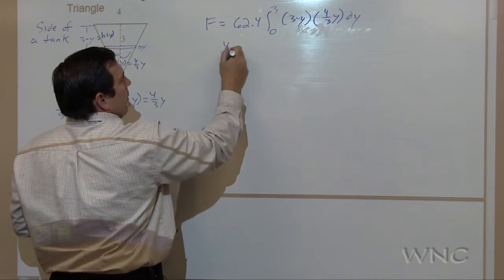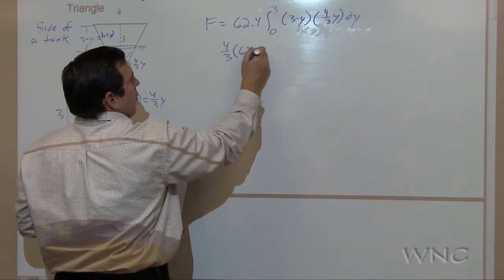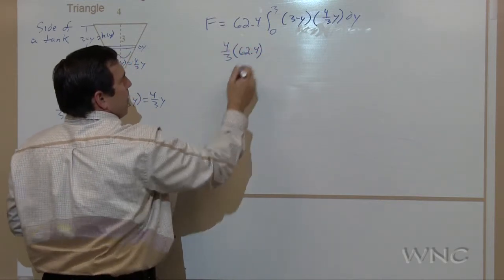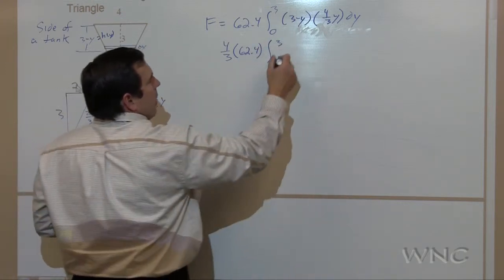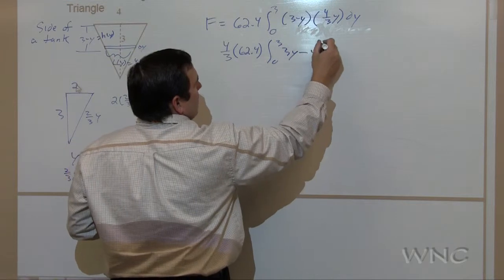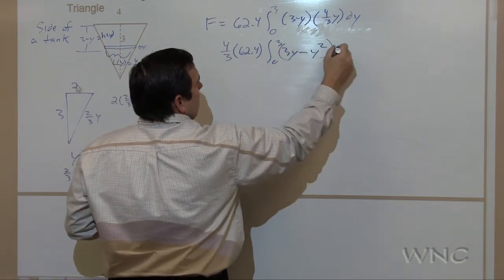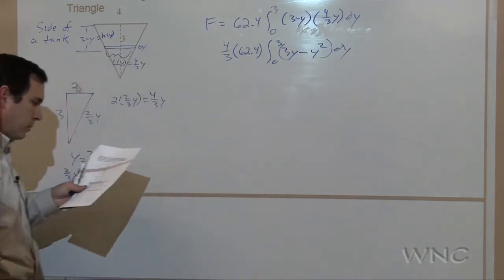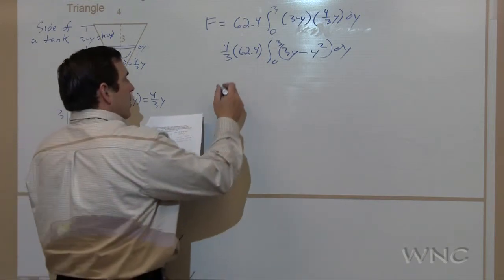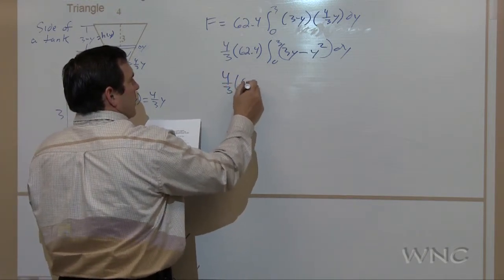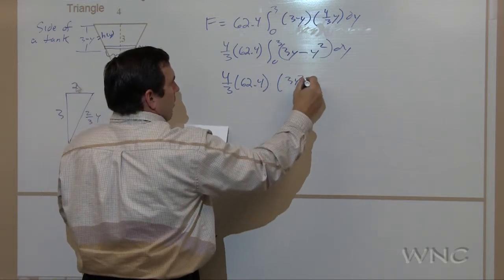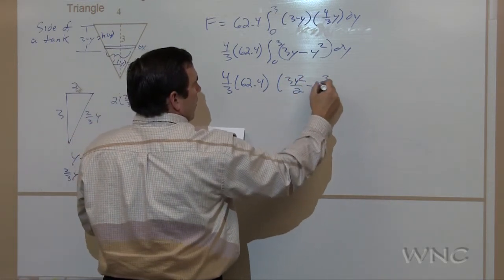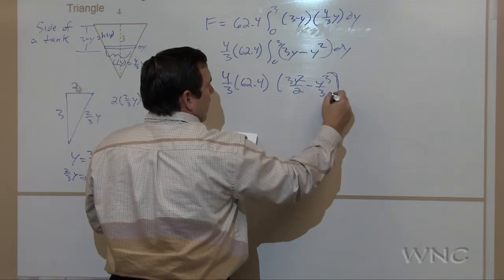That's going to be 4/3 times 62.4 times the integral from 0 to 3 of 3y minus y squared dy. So that's going to be 4/3 times 62.4 times 3y squared over 2 minus y cubed over 3 from 0 to 3.